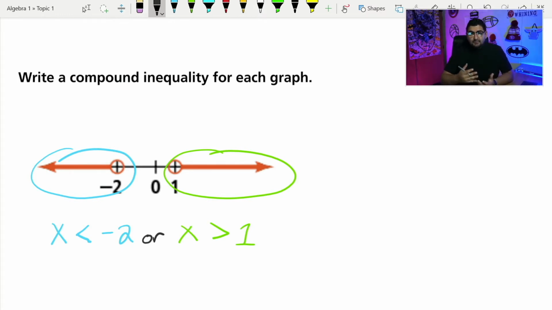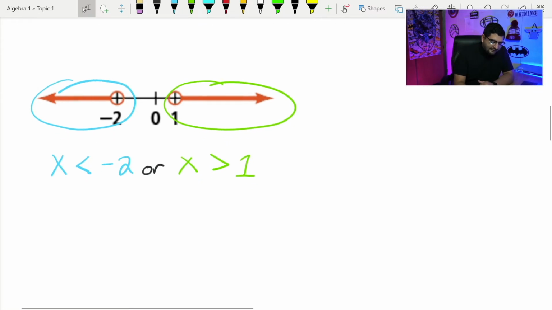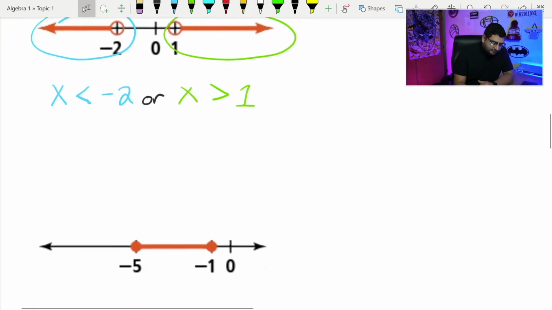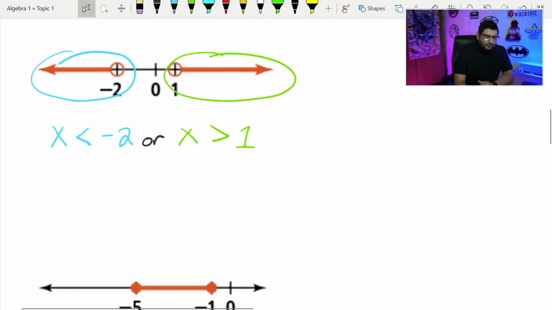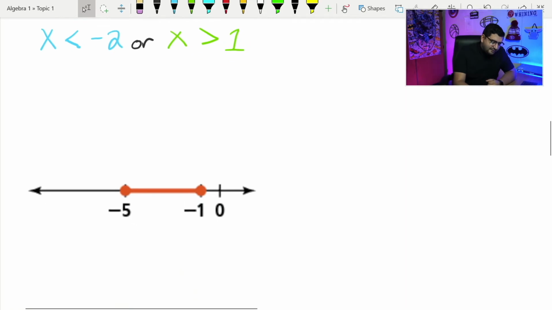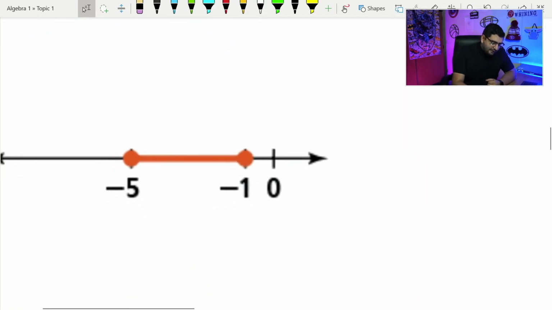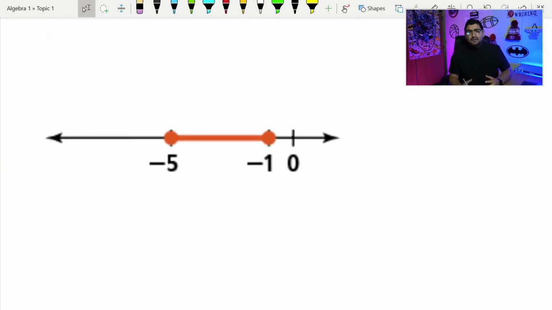This is one way we can write a compound inequality, and this is one example of one type of compound inequality. Now let's look at another example. Here, rather than the two separate inequalities pointing outwards, going in opposite directions, it seems that we have two inequalities heading towards each other. So again, I start off on one point and I try to name the inequality on that point.